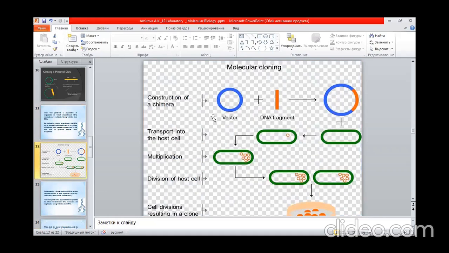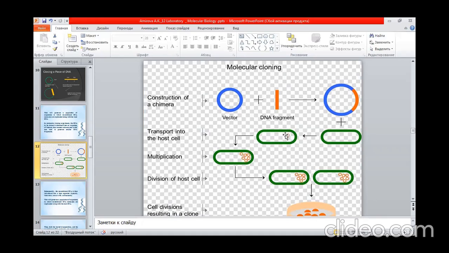Molecular cloning. The vector plasmid, a small circular DNA molecule, and the DNA fragment with the gene of interest will be cleaved with restrictases and joined using ligases and transported into host cells.